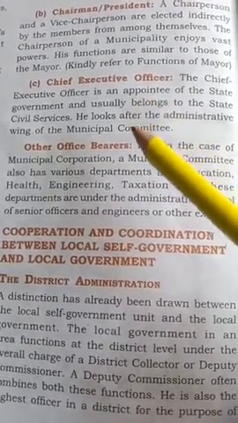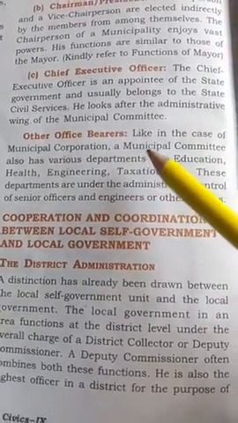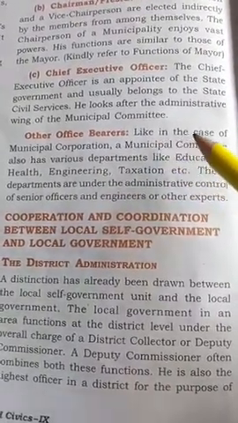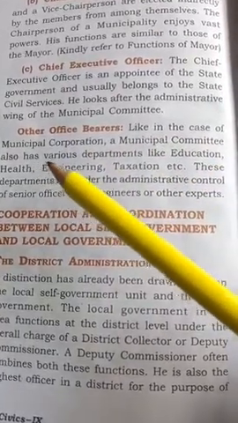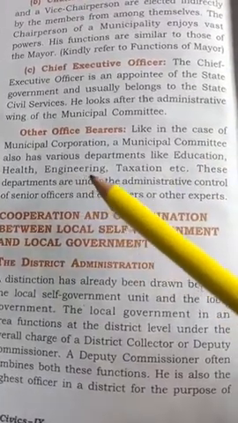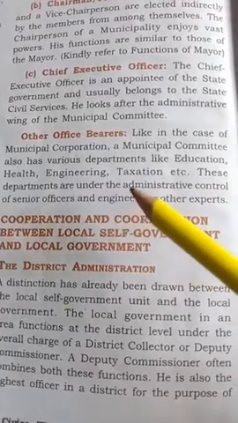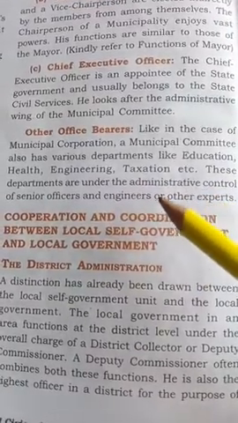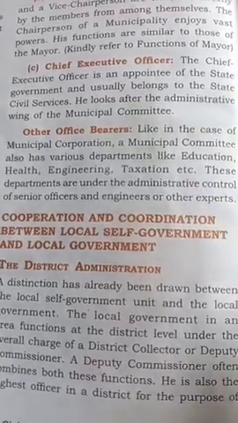Other office bearers. Like in the case of the municipal corporation, a municipal committee also has various departments like education, health, engineering, taxation, etc. These departments are under the administrative control of senior officers and engineers or other experts.